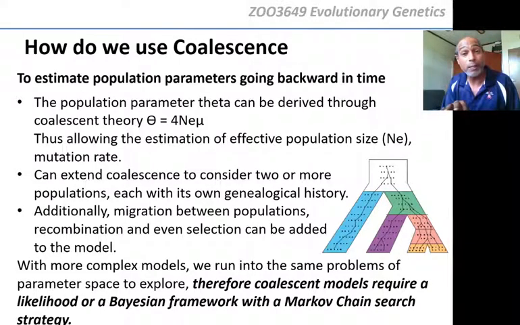Now you've got the tree, which you need to estimate, which already required a Markov chain and Bayesian and likelihood. Now you've got the addition of populations on top of that. And so you will always need a Bayesian or a likelihood approach, including Markov chain Monte Carlo sampling, to work out the coalescent model, to get to the bottom of what the coalescent genealogy is, and what the population parameters are going back at each generation, going backwards in time.